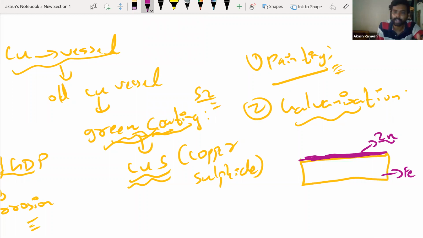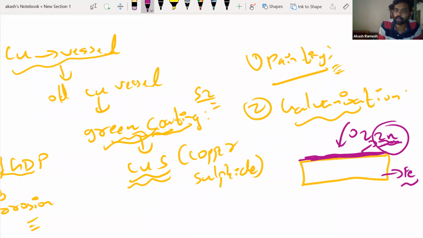Now what is going to happen here? The same thing that happened in case of painting. Zinc is going to make sure that oxygen can only react with zinc and it cannot go to iron. So this is like a sacrificial method. The zinc is going to get sacrificed.